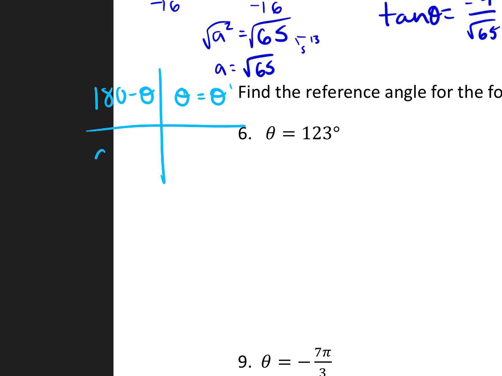If we're in the third quadrant, we use theta minus 180. And the fourth quadrant is 360 minus theta. So our reference angle, our theta prime, is always going to be acute and positive.